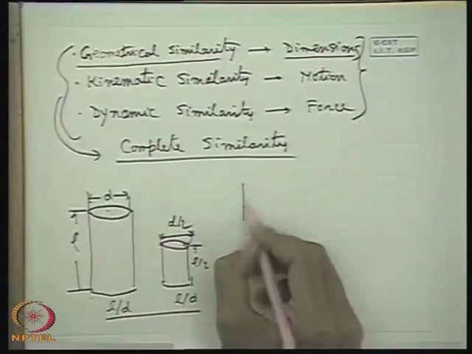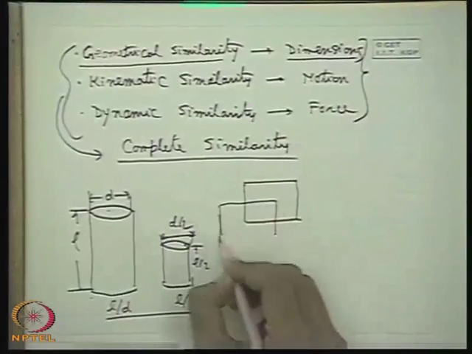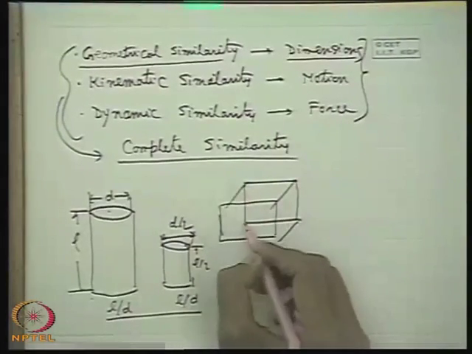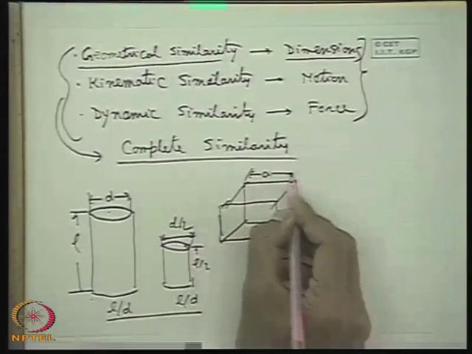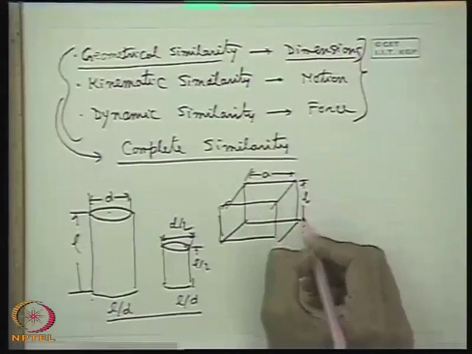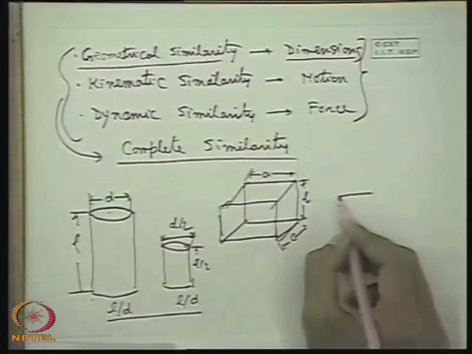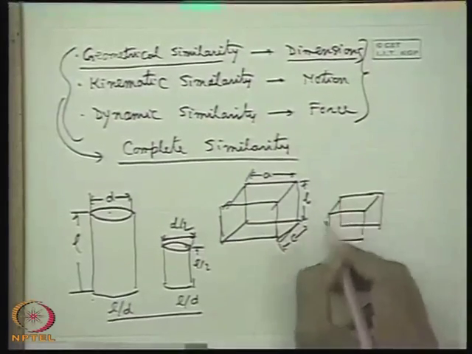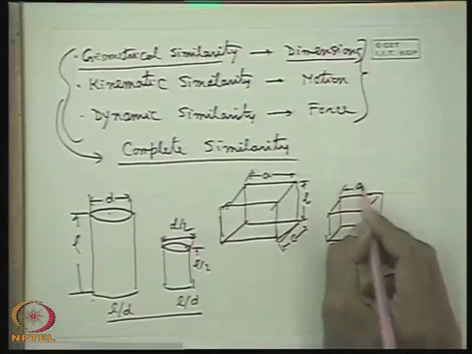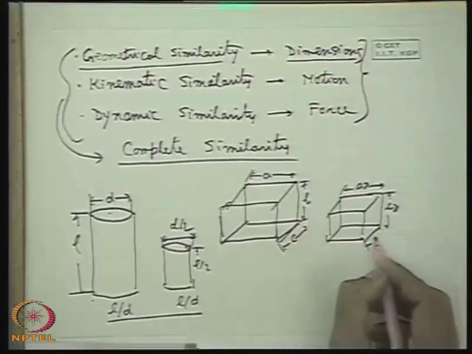Similarly, we can think of another example, a parallelepiped. If you take a parallelepiped element, for geometrical similarity, this side is A, this height is B, this is C. We consider a geometrically similar parallelepiped whose sides will be Ax, Bx, with the same ratio, Cx.